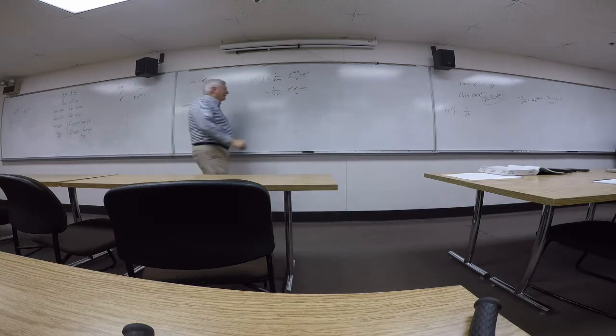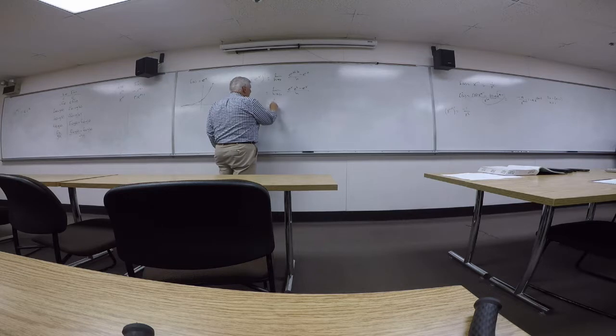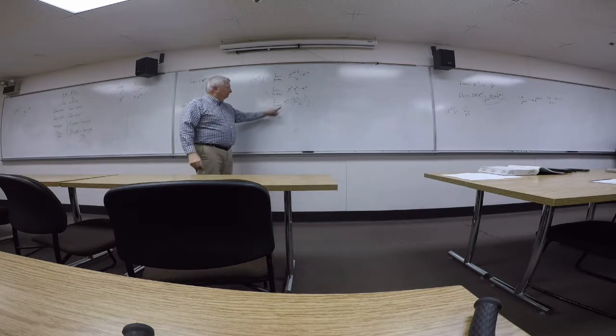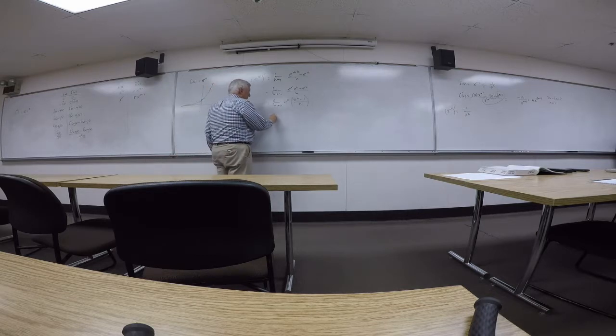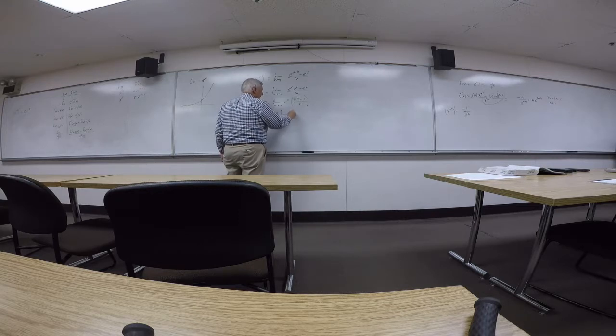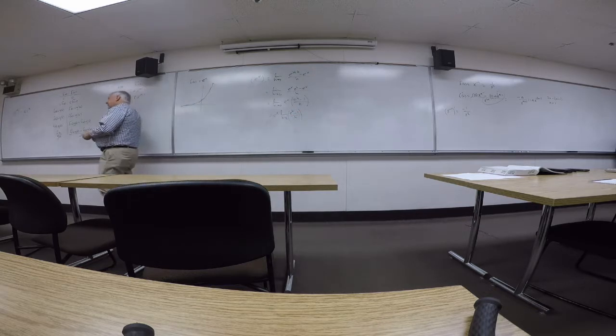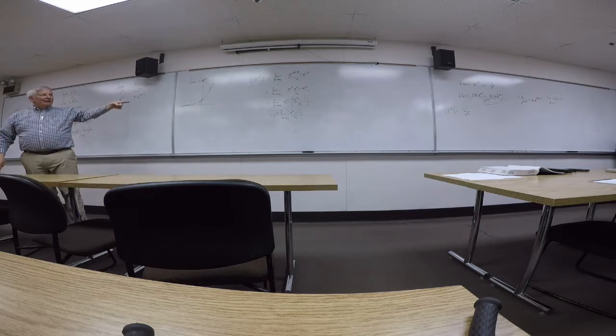I factor e to the x: limit as h goes to 0 of e to the x times (e to the h minus 1) over h. This has no h's in it, so it can come out. e to the x times the limit as h approaches 0 of (e to the h minus 1) over h. It would be very nice if that limit is 1.